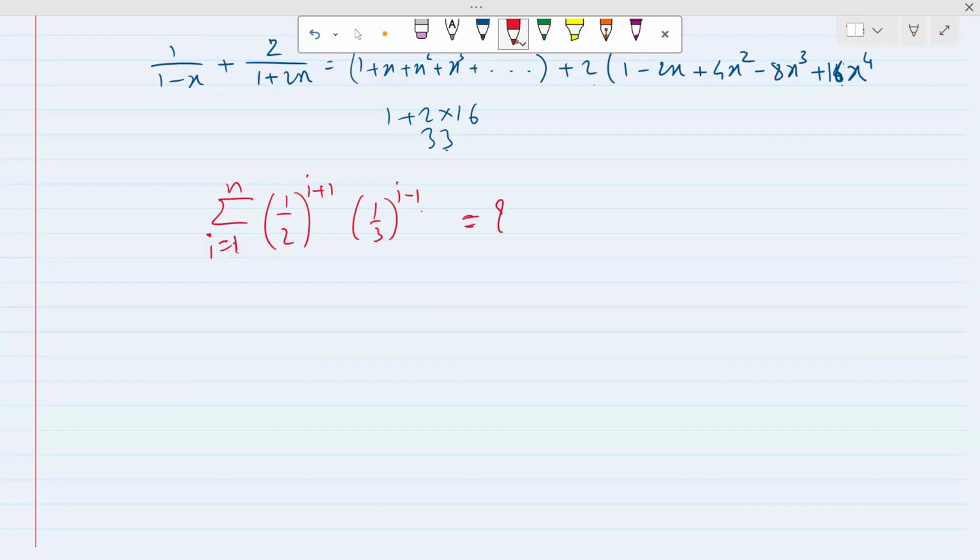Okay, so you want to compute the product. It's a finite sum, I hope.